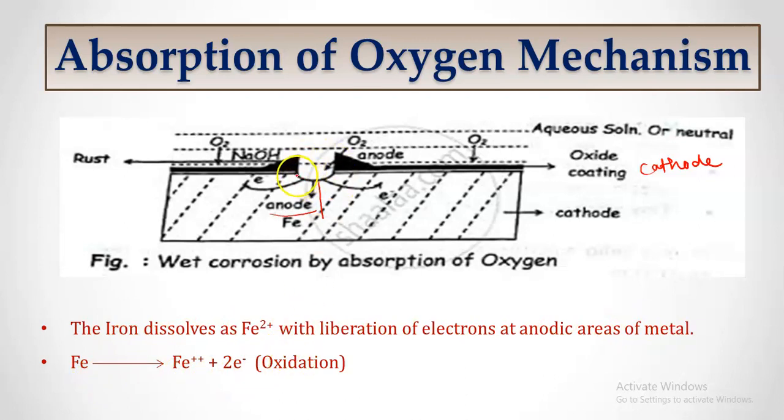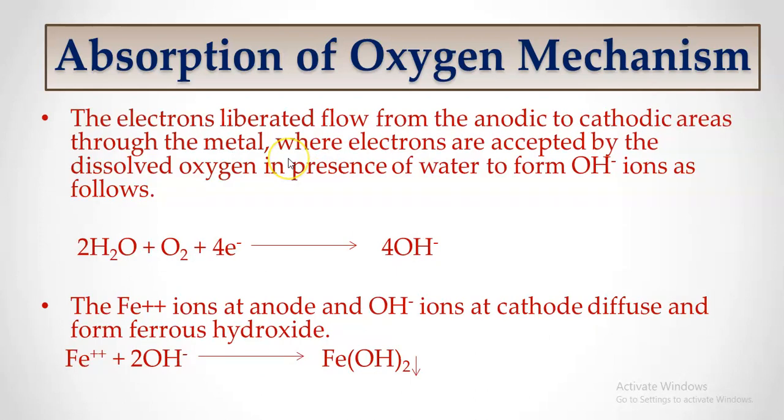Now what is happening? The electrons liberated flow from the anodic to the cathodic areas through the metal, where the electrons are accepted by the dissolved oxygen in presence of water to form OH, hydroxyl ions, as below. Now you can see here 2H2O plus O2.